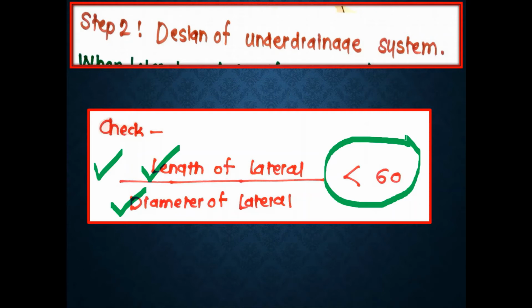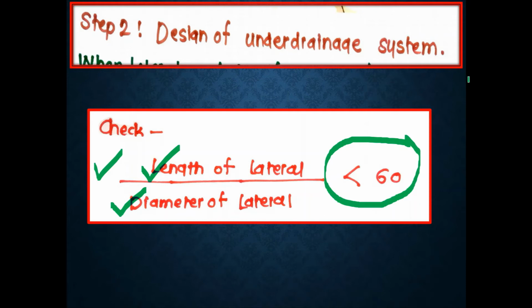Okay, during solving the example we will see. Suppose 8.5 meter is the width of the tank. Then 15 cm to 20 cm is the spacing of laterals. According to that we have to find how many laterals will fit in that spacing, and calculate the area of one lateral. After equating, laterals are circular pipes, so we equate it to pi by 4 d square and calculate d, the diameter of laterals.